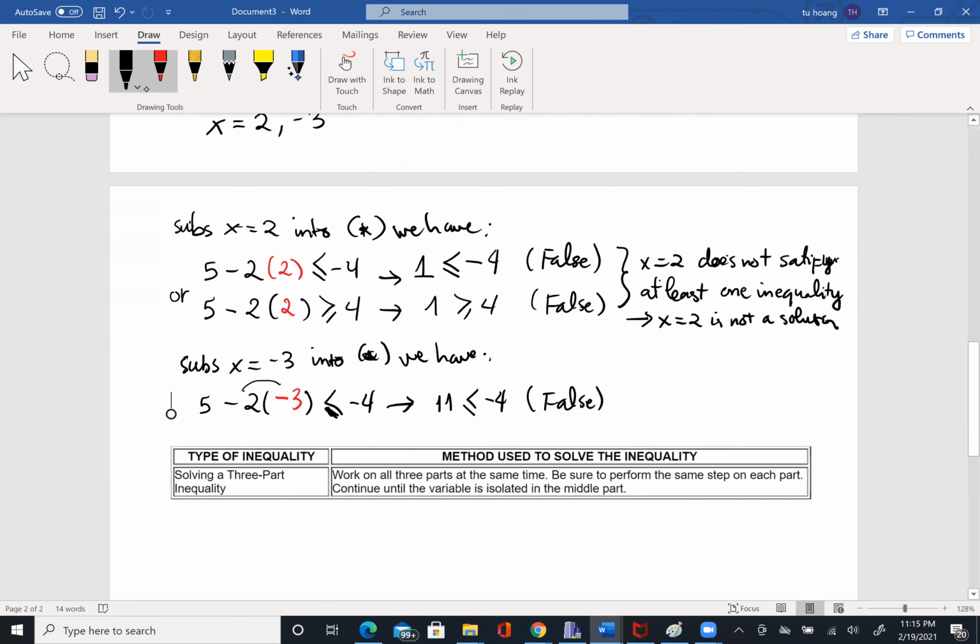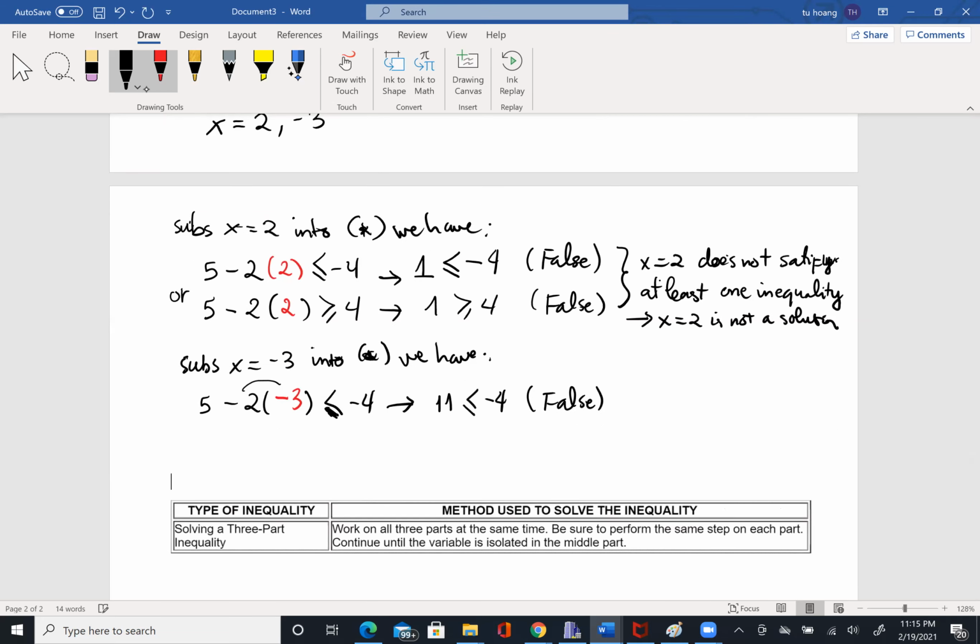Okay, let's move on. Maybe one more, and I say or, right? 5 minus 2 times -3 greater than or equal to 4. And that's going to be 11 greater than or equal to 4.